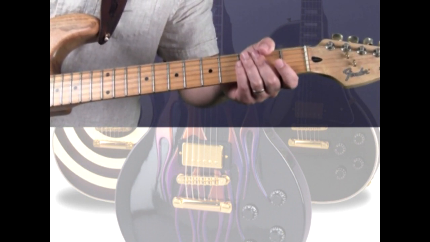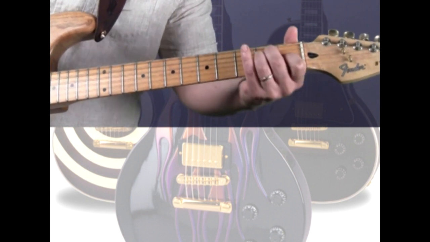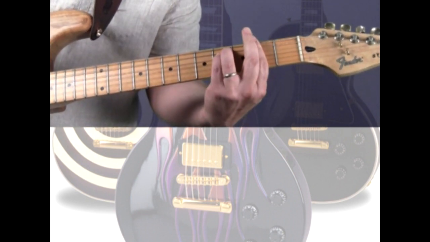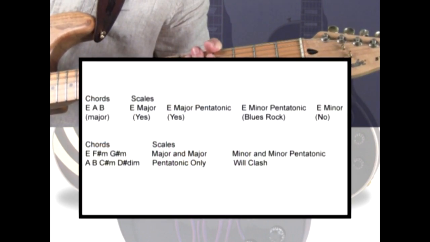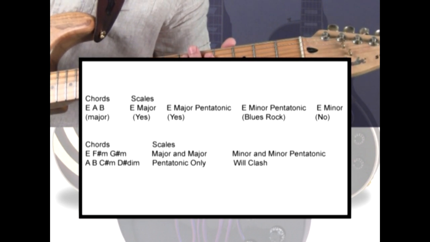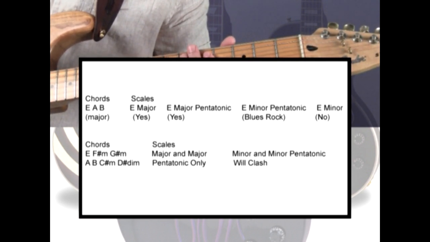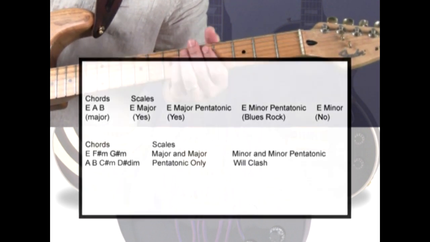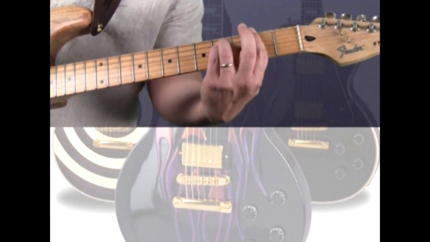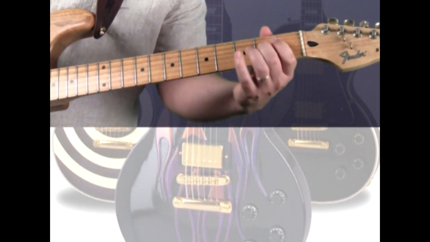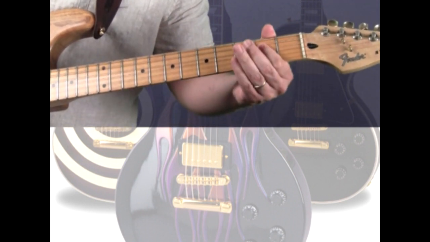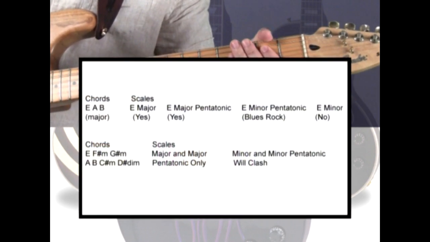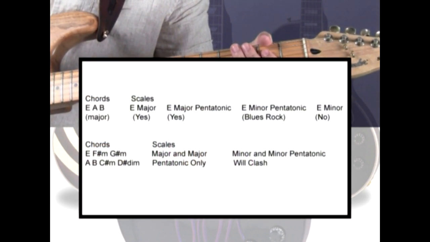So if you come across a song or chord progression with the chords E, F sharp minor, and G sharp minor, we know those chords are derived from the key of E using the first, second, and third scale degree, and we can definitely use the major scale and major pentatonic scale over those chords. Sometimes rhythm guitarists will call this a 1-2-3 chord progression.